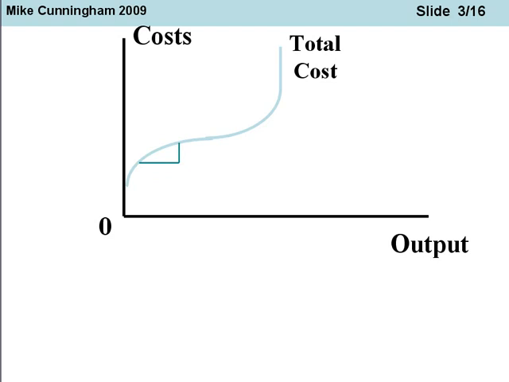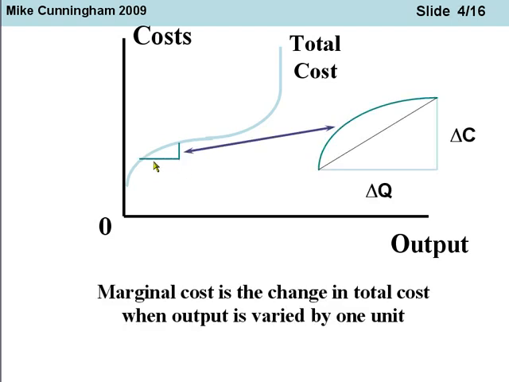Okay, not that simple. Let's say we explode this point to magnify it, to have a look at what's really happening in here. Well, this could be the magnified version. So here's our change in costs, delta C. Delta means change, delta C, divided by delta Q, change in Q. So the vertical distance divided by the horizontal distance. The gradient of this line in here is our marginal cost.